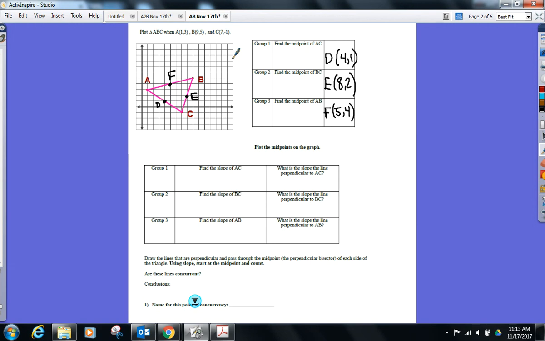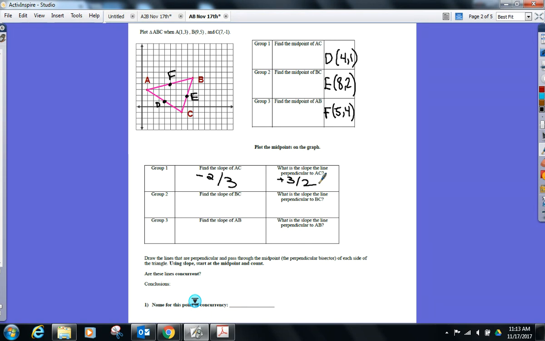Okay, let's move. As you can see, we're going to go quick here today. Group 1, slope of AC. I don't care who's going to report back to me. Slope of AC should be -2/3, meaning any line that's perpendicular to AC will have a slope of +3/2. Negative reciprocals.